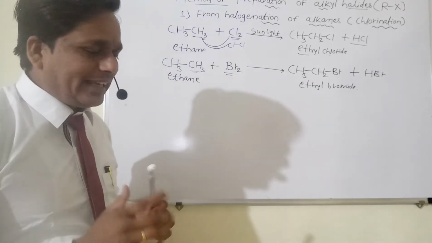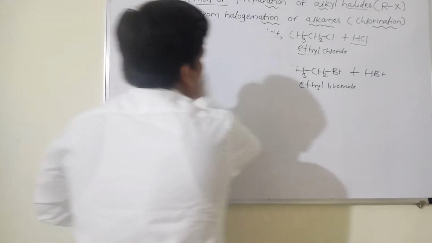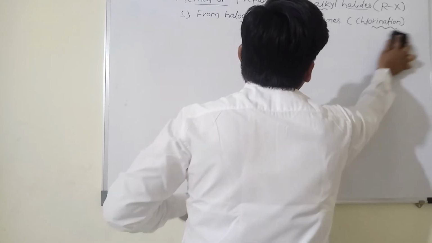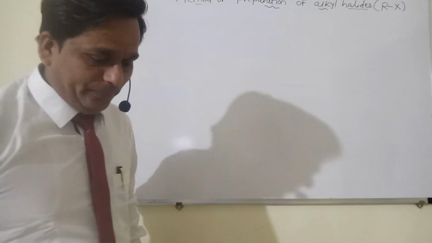Now we see the second method, that is addition of hydrogen halides on alkene.